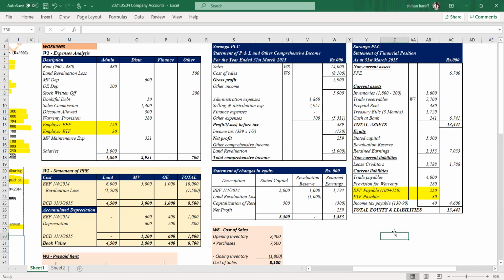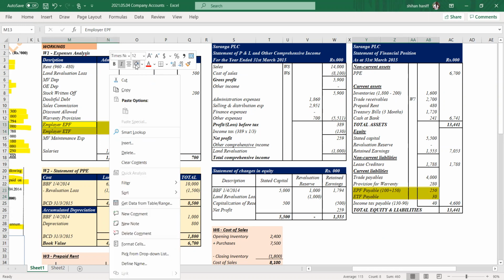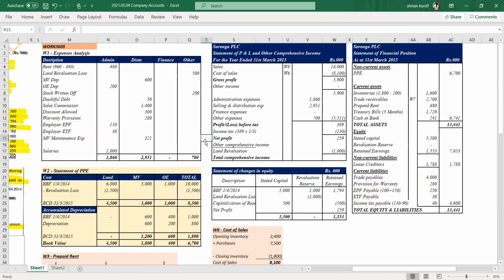Right. So I did it without the lease adjustment. I will explain the lease adjustments in the next class, because I need to fully explain the complete lease adjustment because of the new change.